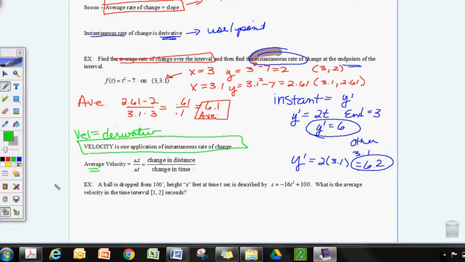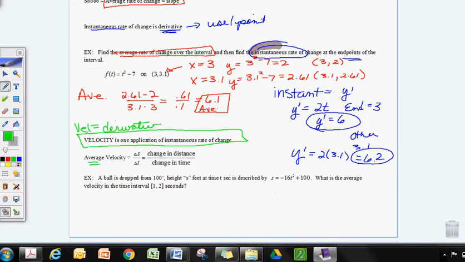So here we go. Let's take a look here, and I'm going to color code just like I did before. If something's an average, it's going to be red. If it's an instantaneous, it's going to be blue. A ball is dropped from a height of 100 feet, s in the air, at a time t, and here is my equation. Yep, we're going to learn how to build this equation in a second. What is the average over the interval? So that means x equals 1.